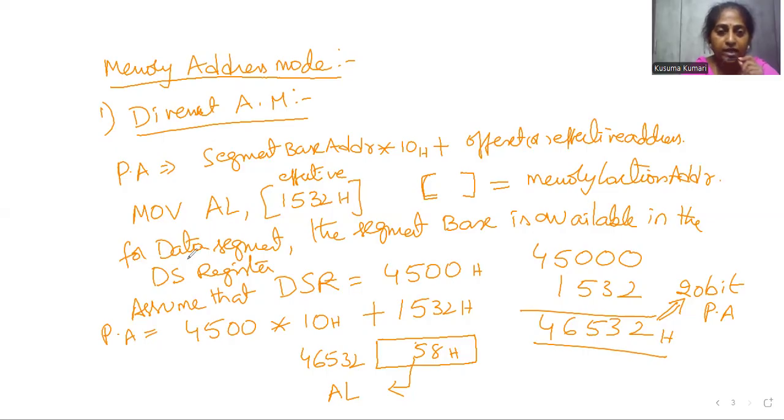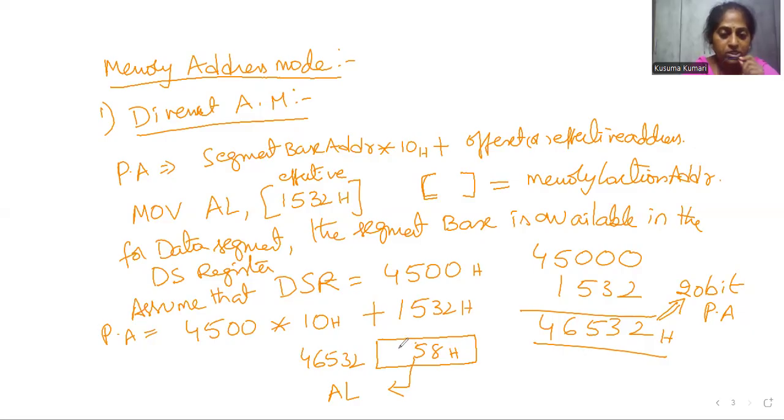Now for the data segment, the segment base is available in the data segment register. Assume the data segment register contains 4500. How to calculate the physical address? 4500 segment base times 10 hexa plus the effective address 1532. With this, the physical address is calculated, and the microprocessor identifies one memory location.